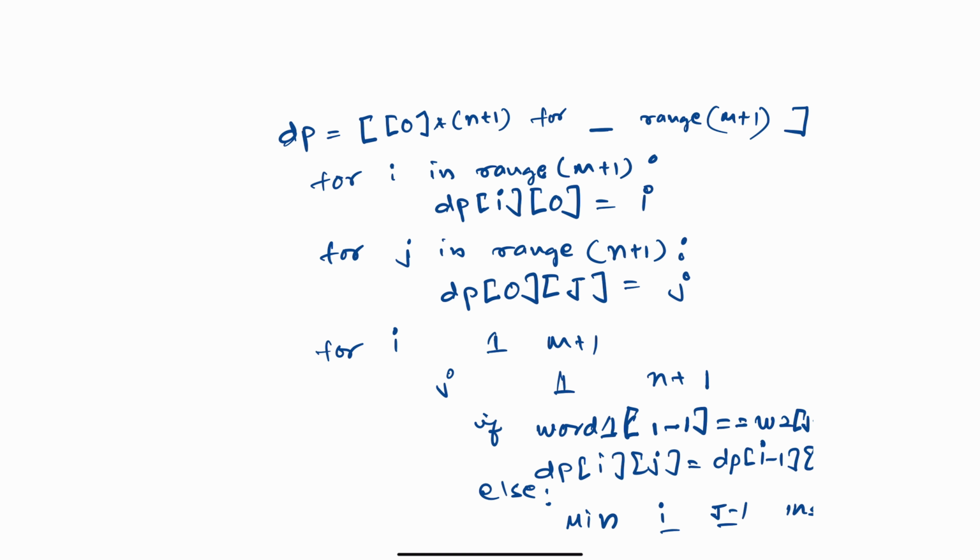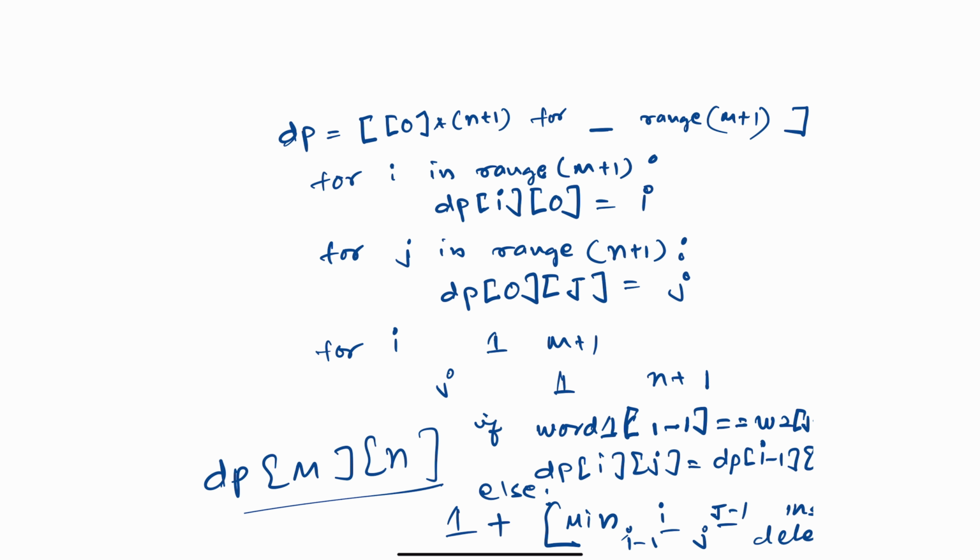This is insert, or we can say i minus 1 and j. i minus 1 and j is a delete operation, which is the down arrow. In the same way, we have to take a replace. Replace means i minus 1 and j minus 1. Out of these, take the minimum value, then you have to do plus 1. Finally, return dp of m comma n.